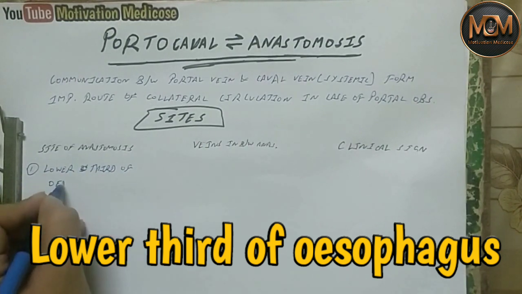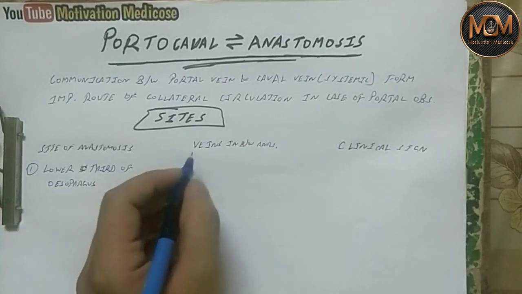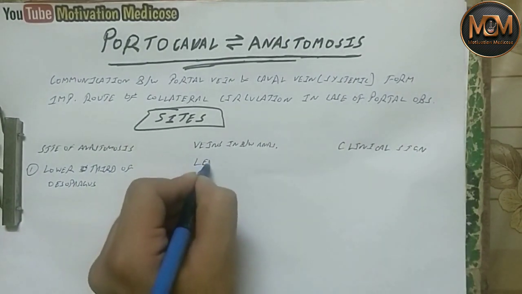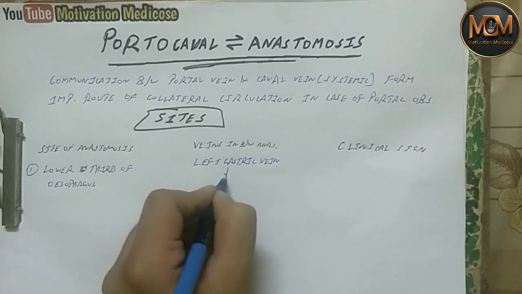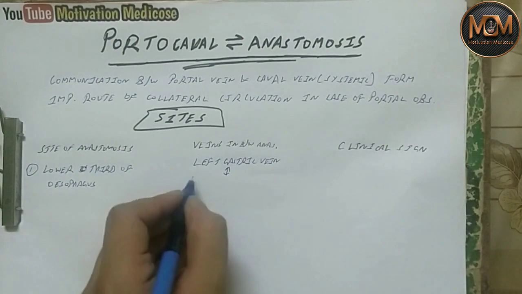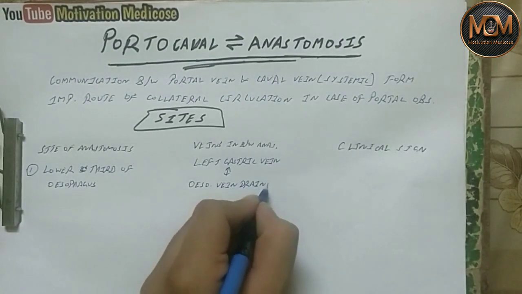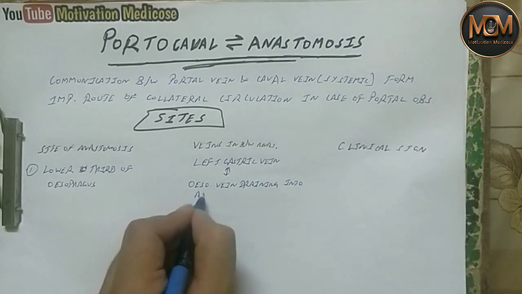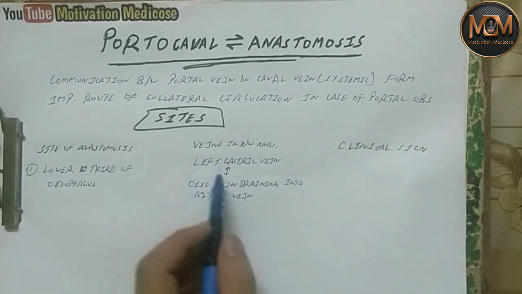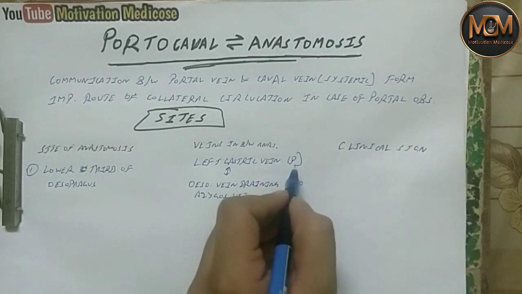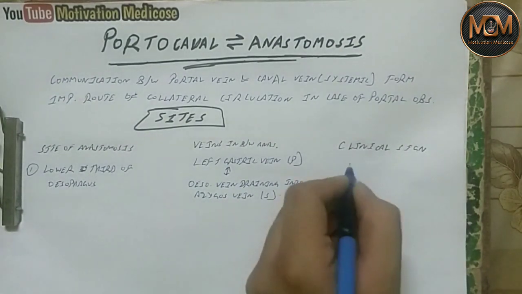It is between the esophageal tributary of the left gastric vein, which is portal (P), and the esophageal vein draining into the azygos vein, which is systemic (S). And the clinical sign for this is esophageal varices.